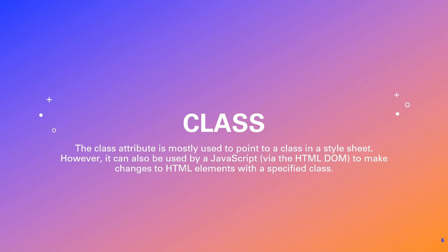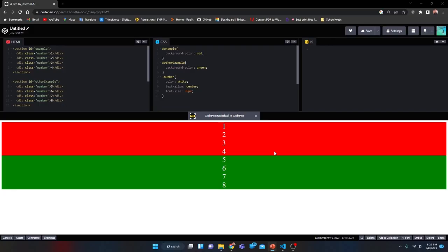I think it would be easier if we have an example. Here I have a CodePen, and it gives us an example of how IDs and classes work. As you can tell on the HTML side, I have two sections, and each section has a div with a number.